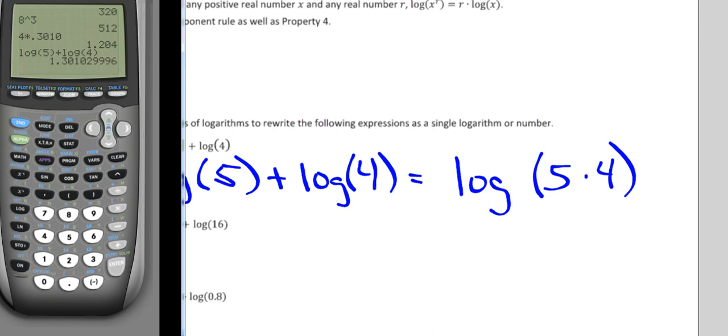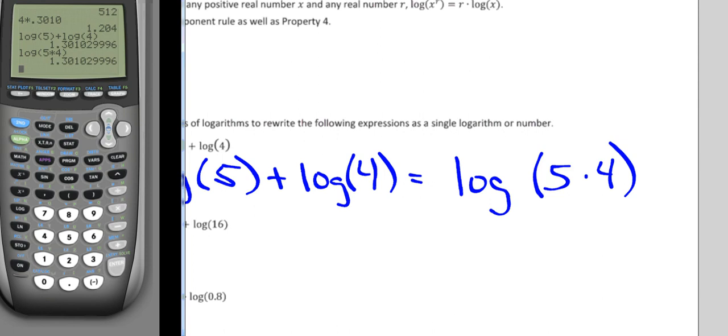All right? Now, if I do log base 10 of 5 times 4, what do you think I'm going to get? Same exact number, right? Same exact number.